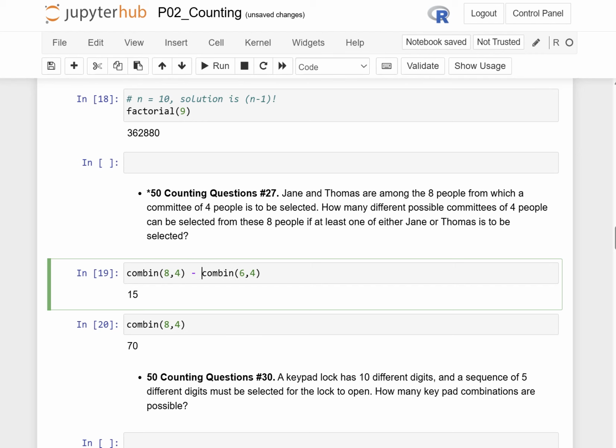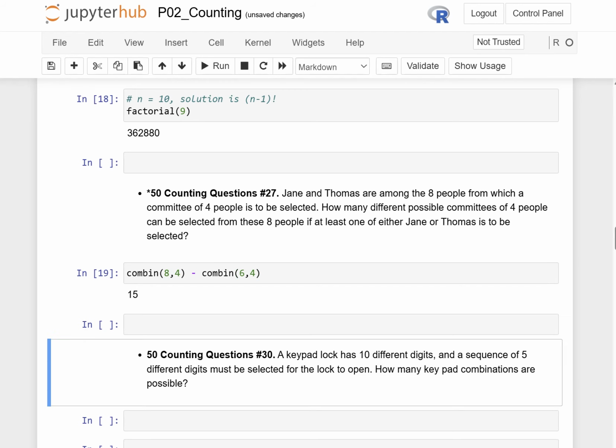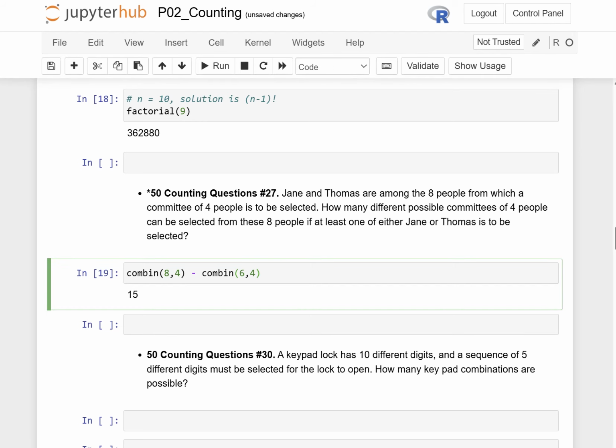That's the entire sample space minus the ones that include neither Thomas nor Jane. So there are 55 ways to choose this committee in a way that does include either Jane or Thomas or both. Okay.